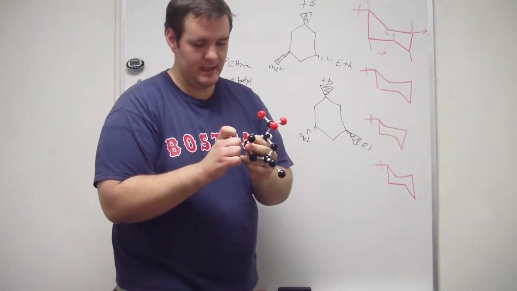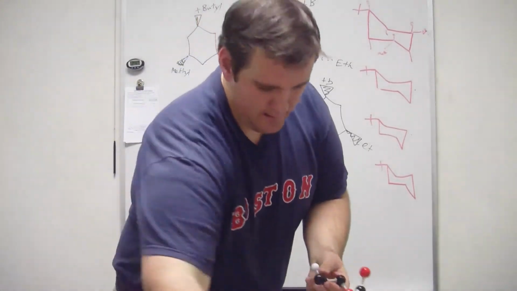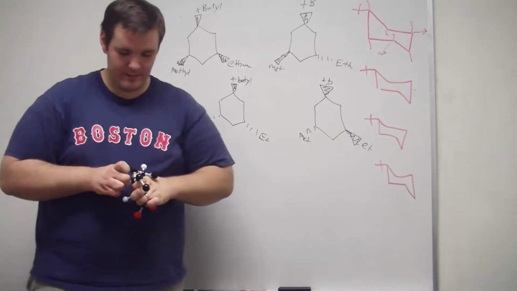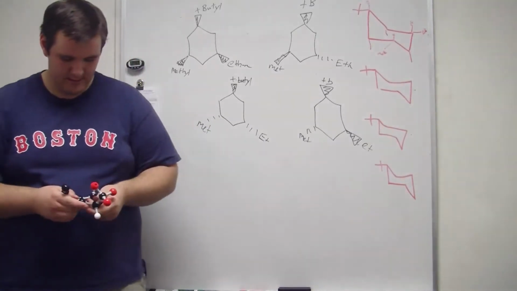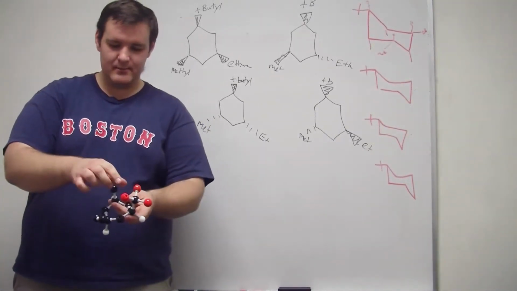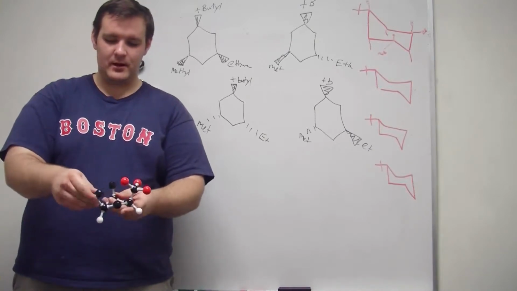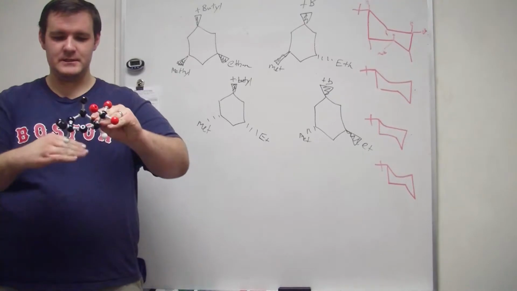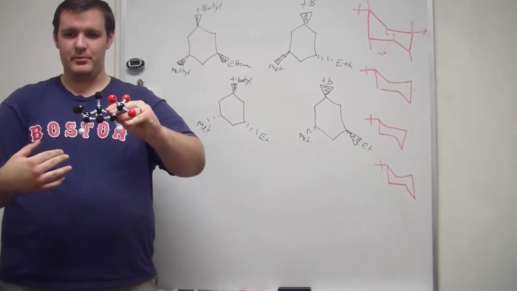If you make the ring flat, so it's not in the chair conformation, which is hard to do, you notice the ethyl, the methyl, and this guy are all on this side of the plane. The hydrogens are below the plane.